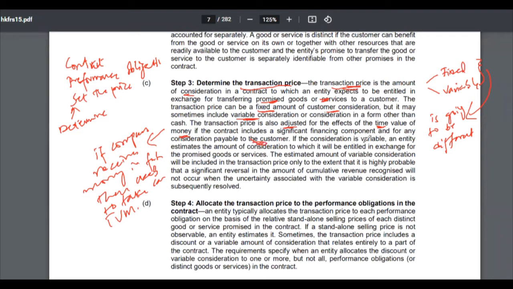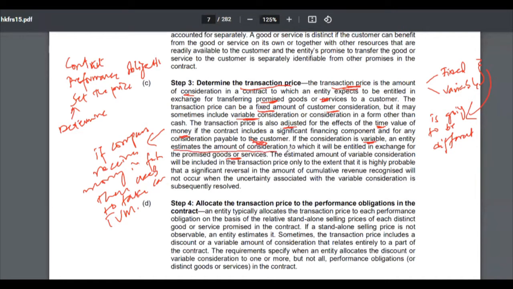If the consideration is variable, an entity estimates the amount of consideration to which it will be entitled in exchange for the promised good or service. So if your transaction price is variable, then a company will have to estimate the amount of consideration.